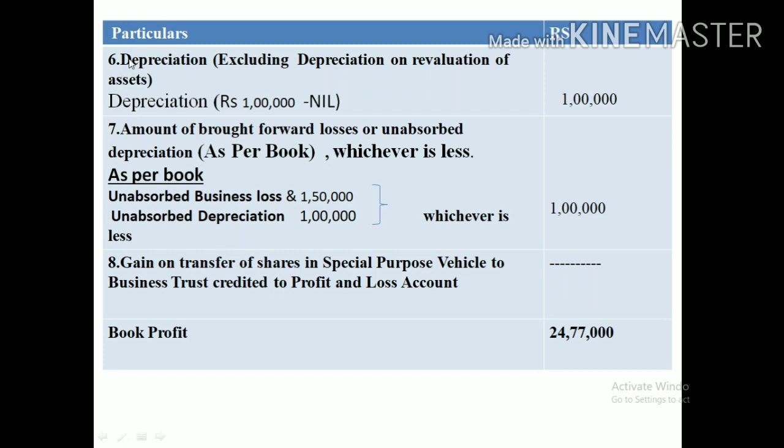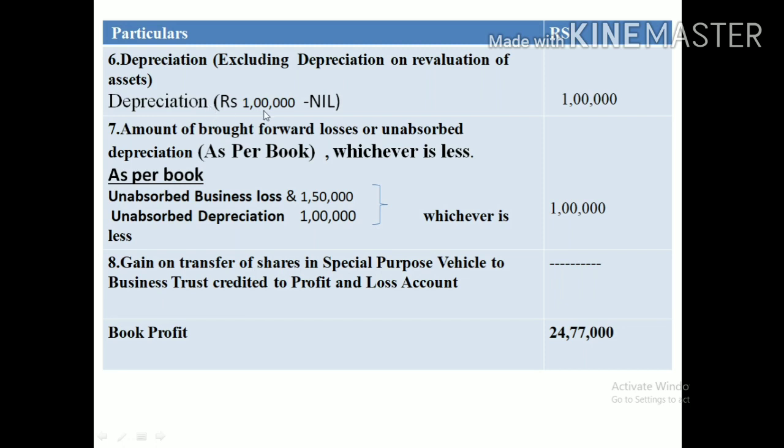The next one, a very important thing, depreciation. By deducting the depreciation, excluding depreciation on revaluation of assets. I am stressing that when depreciation is added, it should include revaluation depreciation; when deducting, it should exclude it. We already assumed that whichever amount is given in the problem includes revaluation depreciation. So if you are deducting that amount, in that situation you should deduct depreciation on revaluation.